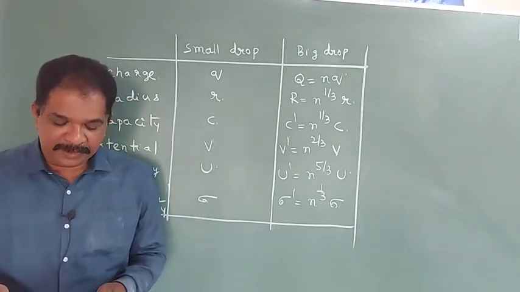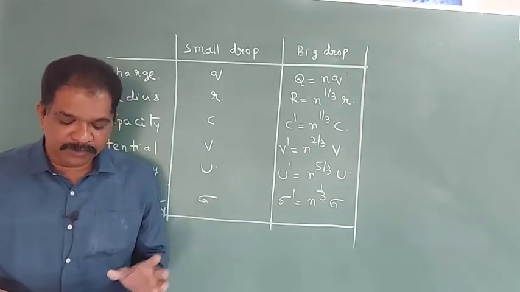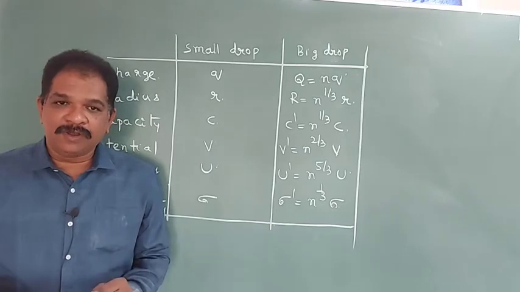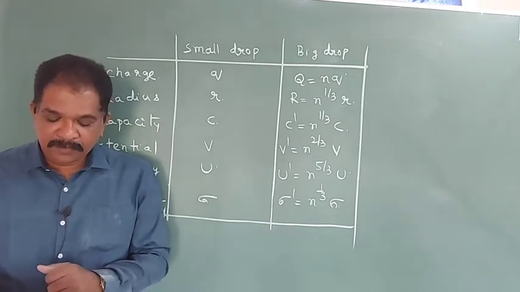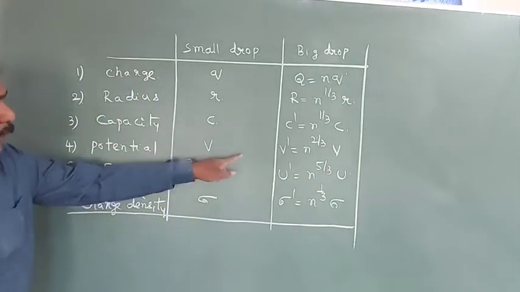125 identical drops, each of same potential of 50 volt, are combined to form a single drop. What is the potential of the new drop? Potential, what is the formula?